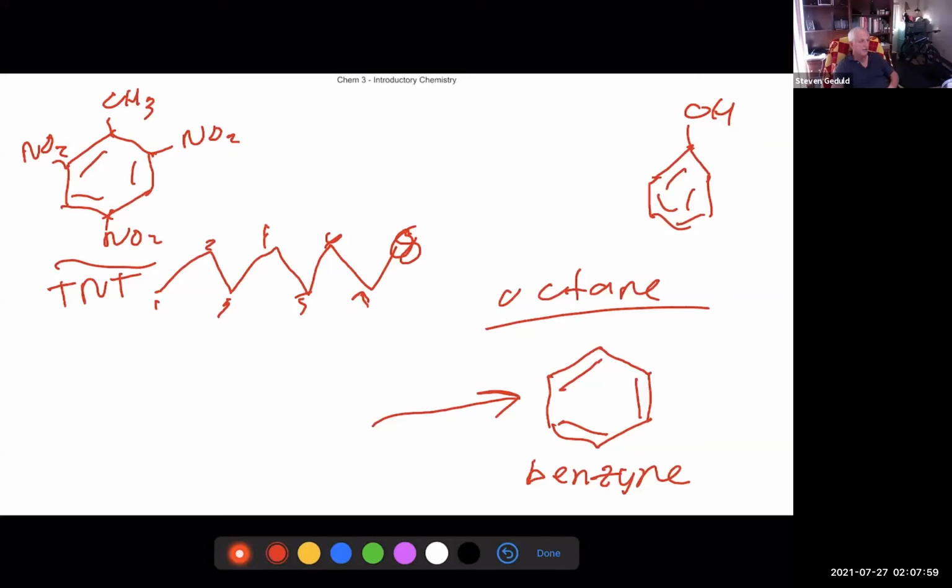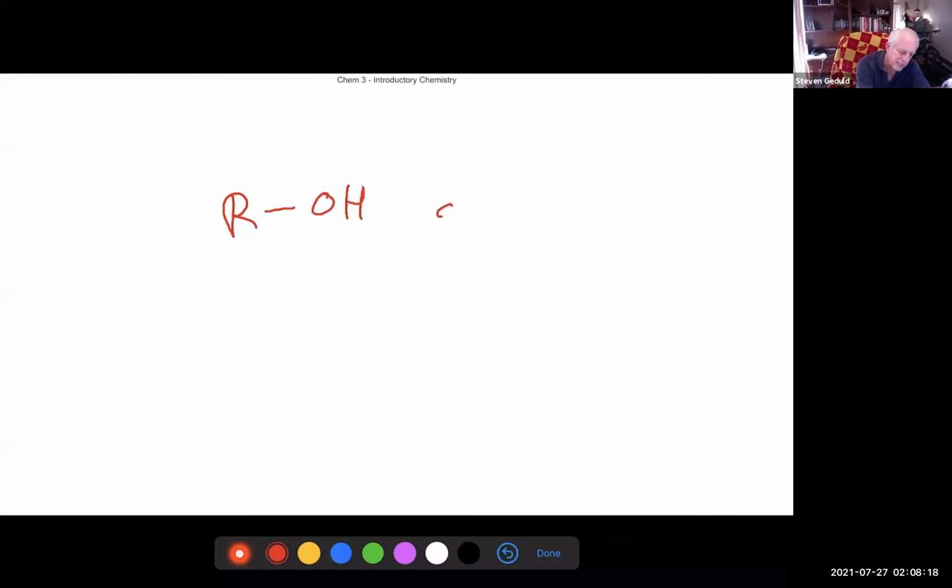Now, the different functional groups we talked about. When we have functional groups, a lot of times you'll see an R. R just means a carbon chain, a bunch of carbons, 2, 3, 4, 5, 100, it doesn't matter. When R is bound to an OH group, that is an alcohol.